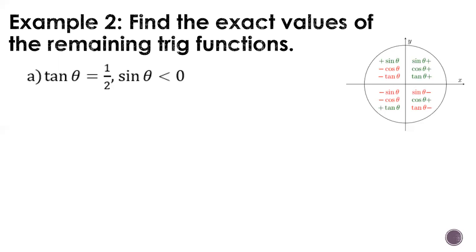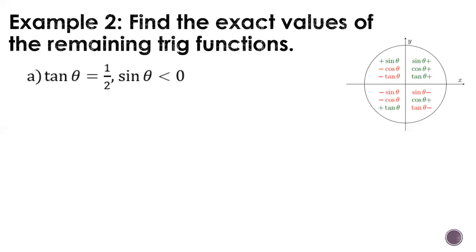So the first thing we need to figure out is what quadrant are we in? So the clues that they told us is that tangent equals positive 1/2 and the sine of theta is less than 0.